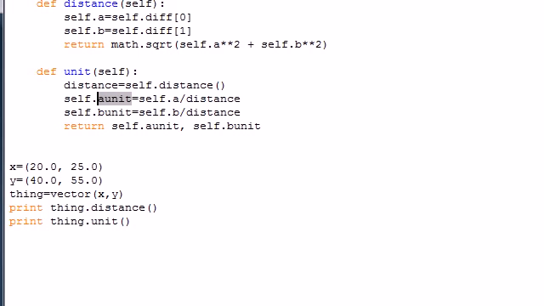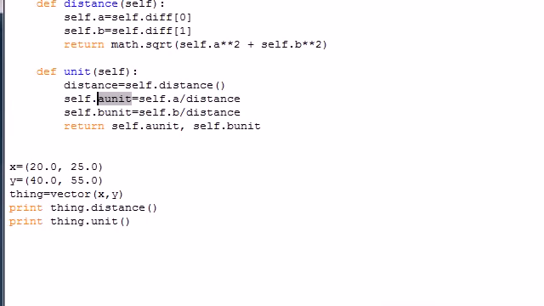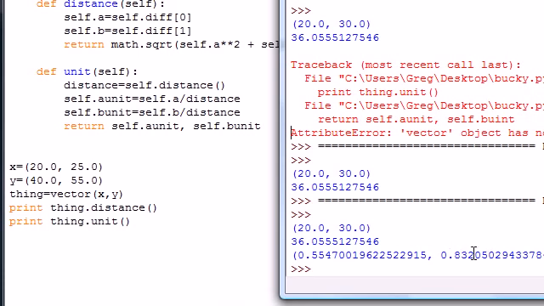And we did the same for B. We took 30, divided it by 36, and that gave us our answer of 0.8. So again, that's your quick tutorial. The easiest way you can learn this is just follow along and type it all in yourself, and after you type it in, I promise you'll understand a lot better what it does.